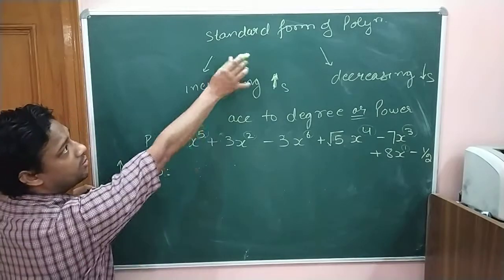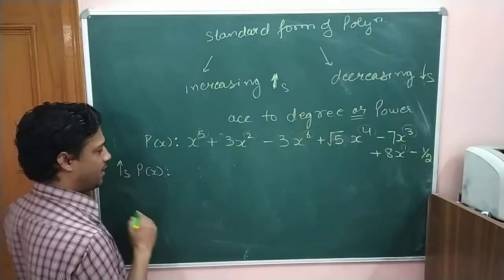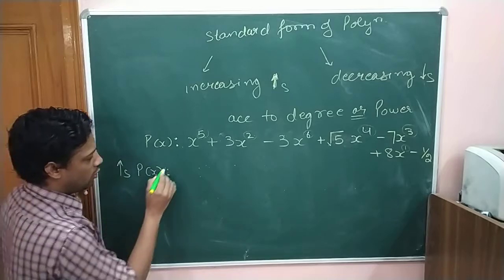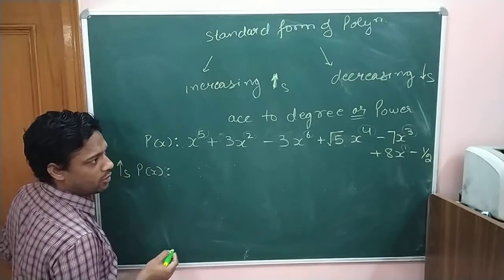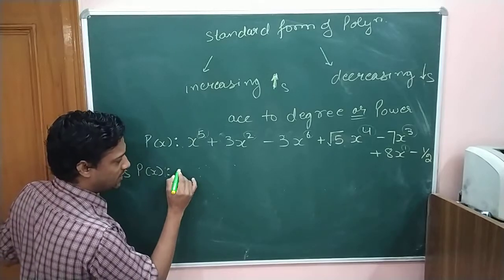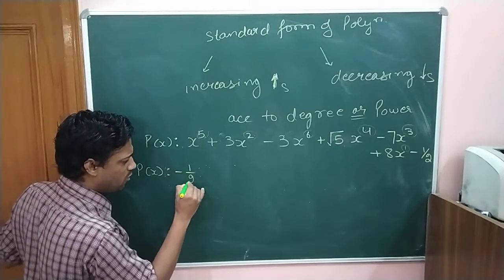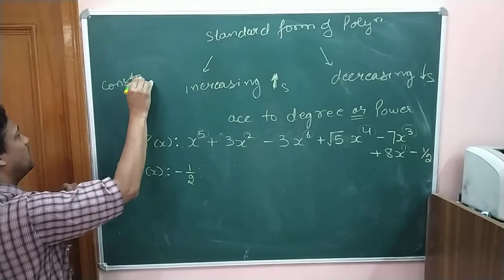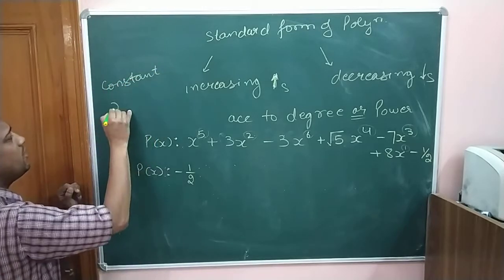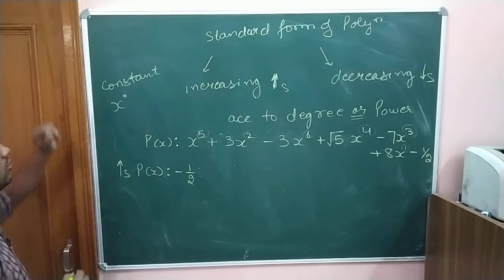There are two standard forms of a polynomial, increasing and decreasing. First of all, the increasing form. It means first we have to write the smallest degree, that is -1/2. And remember students, a constant by default has x^0.